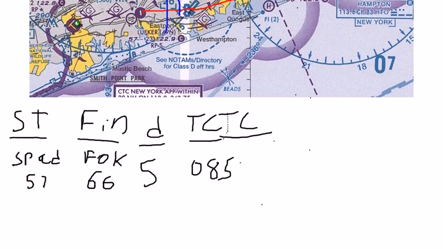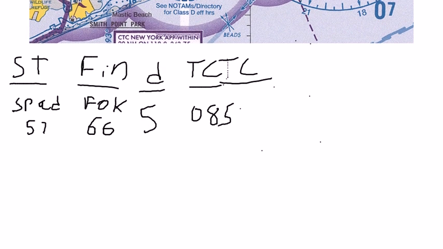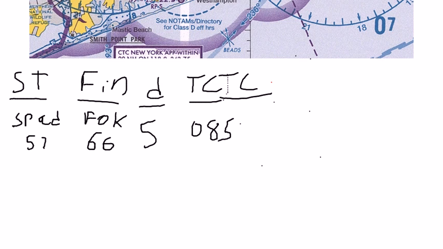The general rule of thumb we use for this is add 1,000 feet to an airport and 1,500 feet to a field. So for Spadaro, our minimum arrival altitude would be 1,057. FOK is an airport too, so that will be 1,066.